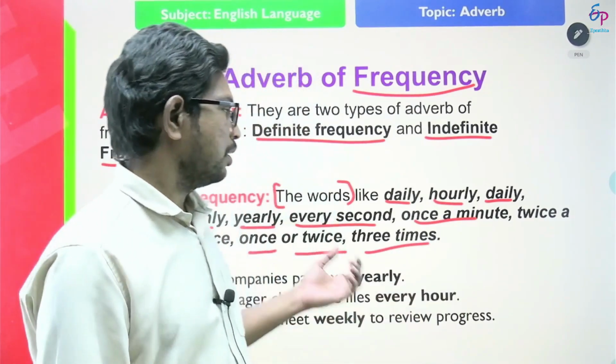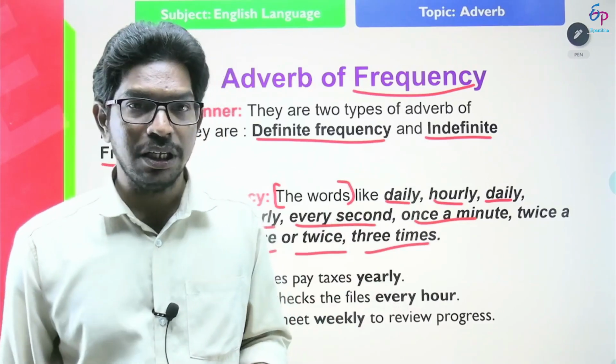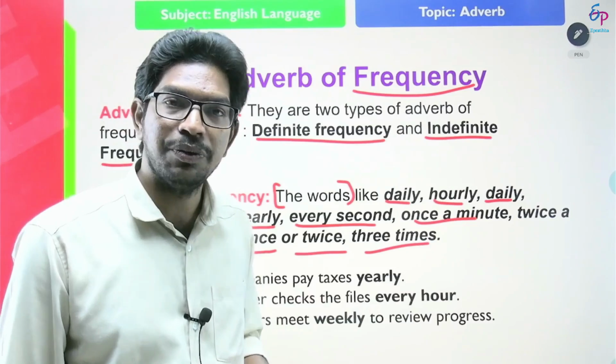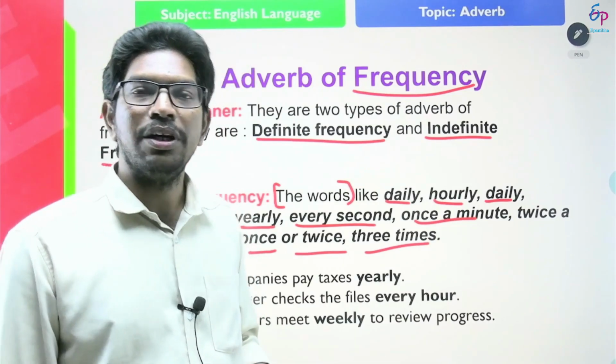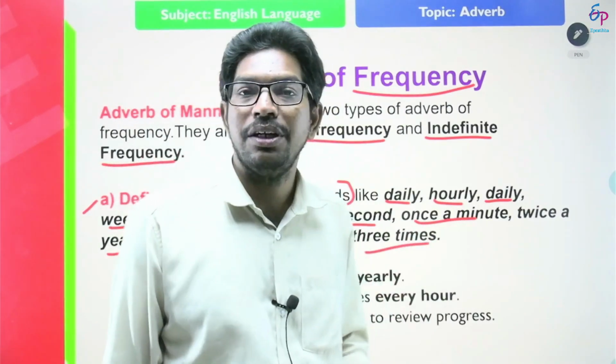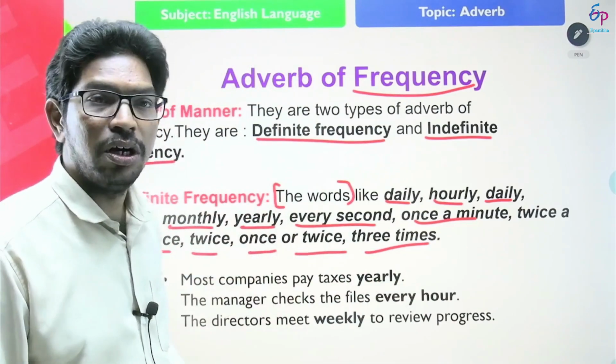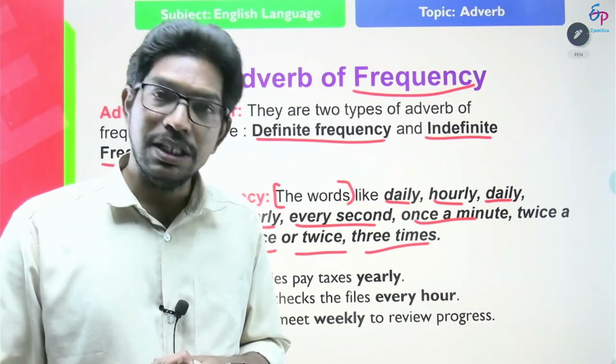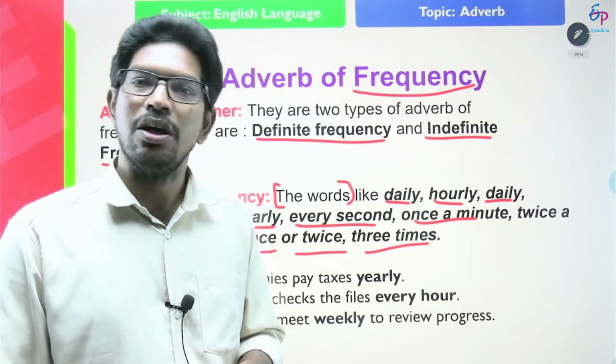So the words daily, hourly, yearly, monthly, and once a week, twice a week, 3 times a day, once a minute, these words are called definite frequency.